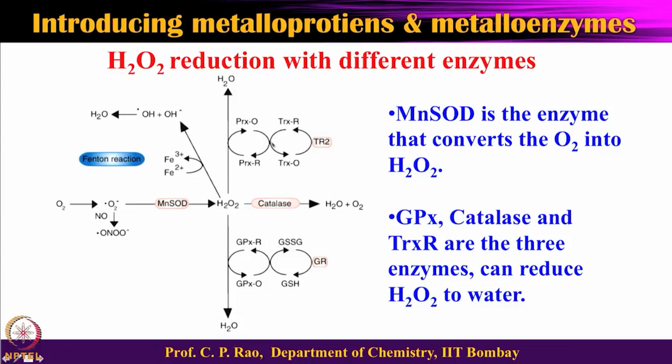The cofactor PRX reduced will go to PRX oxidized, and that will bring the thioredoxin reductase into the oxidized form, and then this will act on the TR2. This will also remove H2O2 into water.